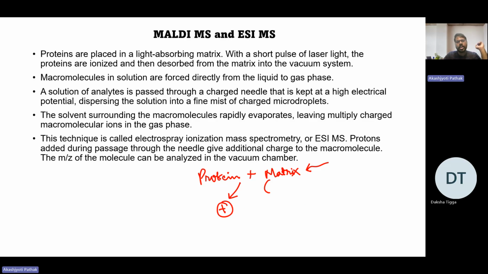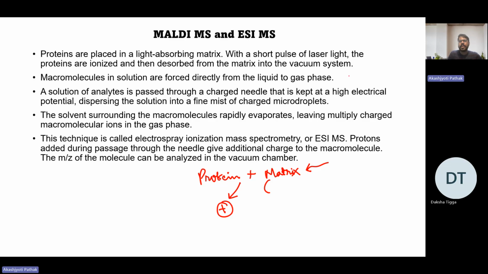So macromolecules in solution are forced directly from the liquid to the gas phase. It was in the liquid phase, and when you apply the light that is absorbed by the matrix, it will get converted into the gas phase. Now the solution of analytes is passed through a charged needle that is kept at high electric potential.